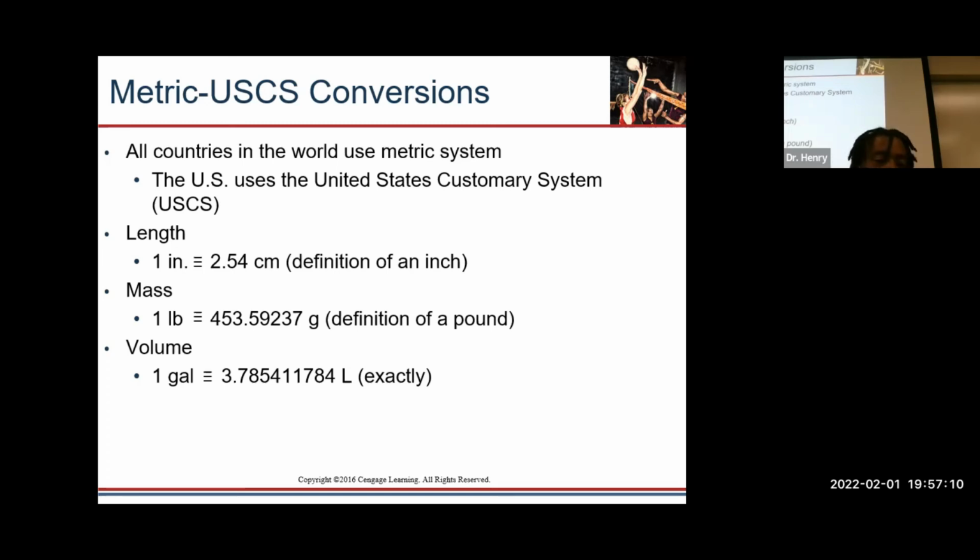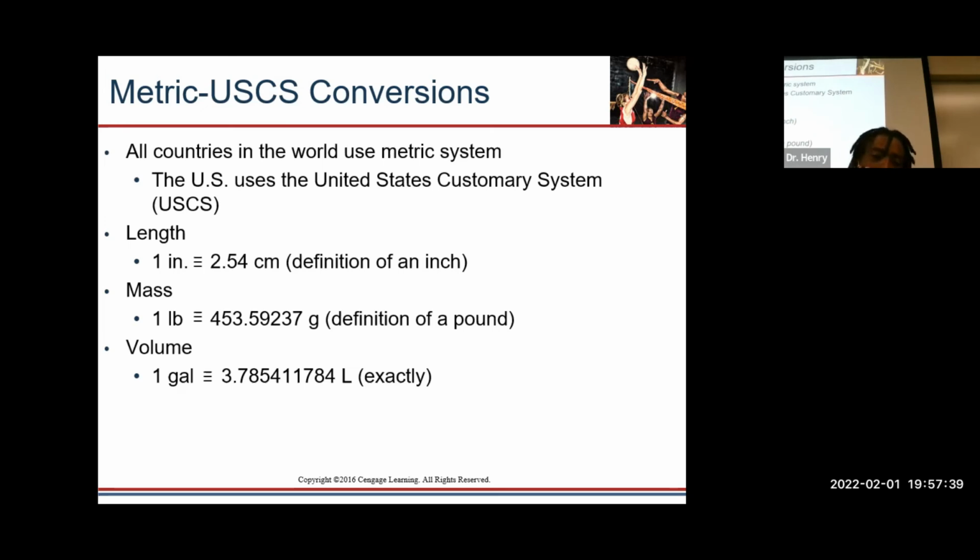And for mass, 1 pound is going to equal approximately 453.59237 grams. And for volume, 1 gallon is going to equal 3.785411784 liters.